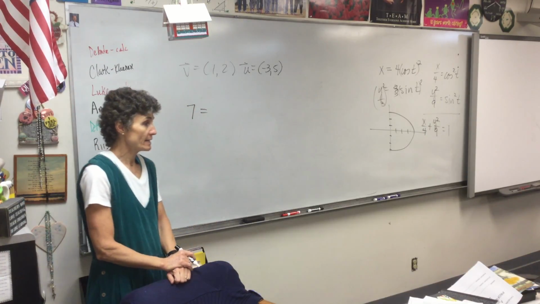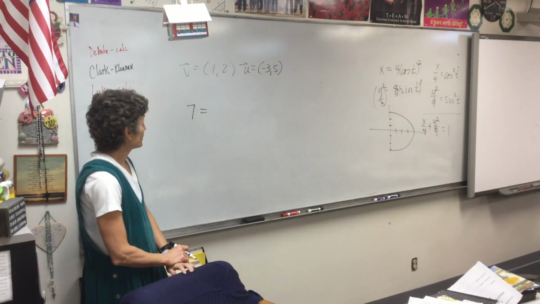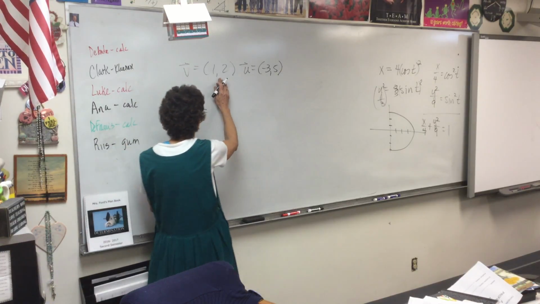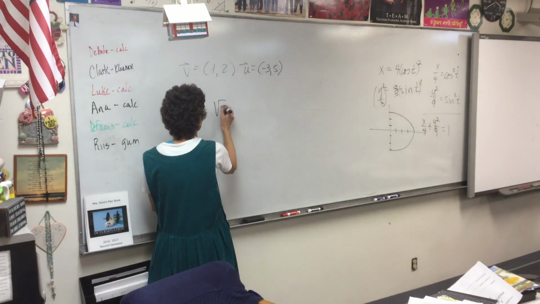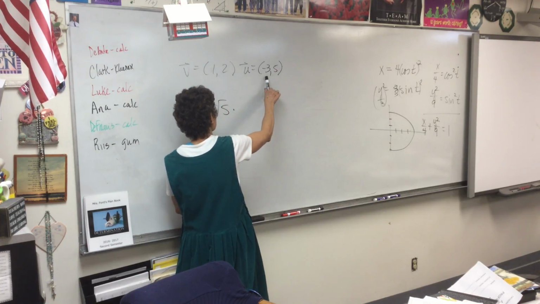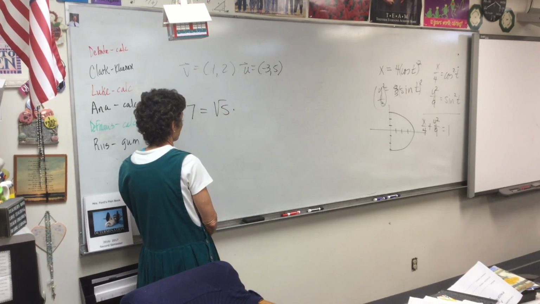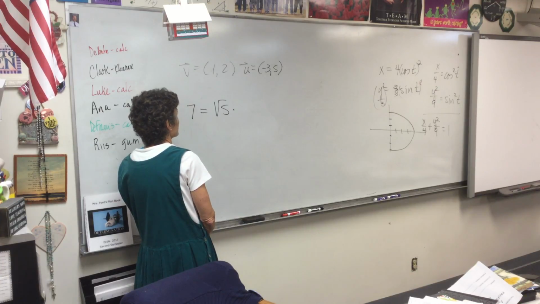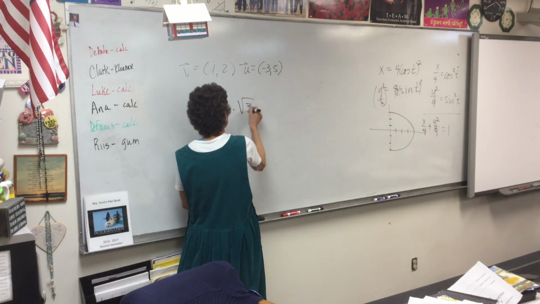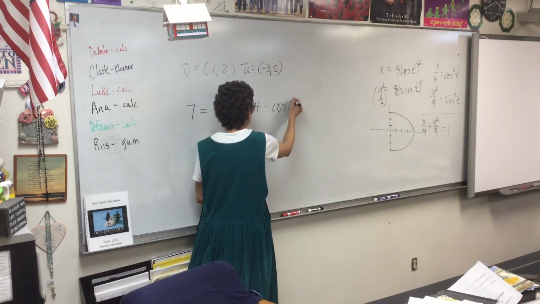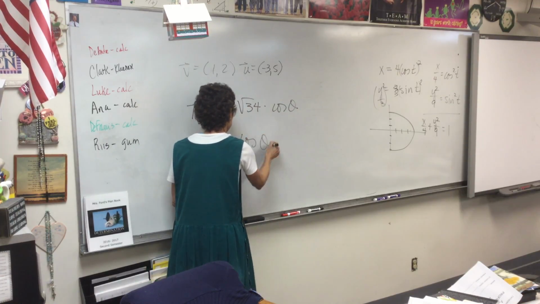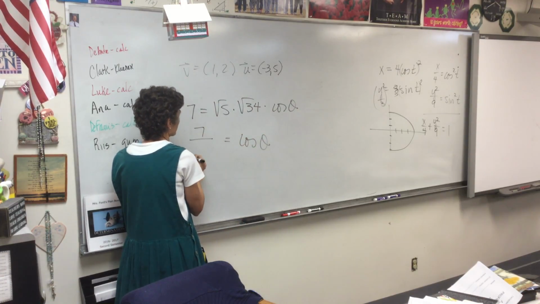What else do I need? The magnitude of the first vector. What's the magnitude of that one? Root 5. Magnitude of the second vector. What's that one? Root 34, times the cosine of the angle between them, which is what I'm trying to figure out.